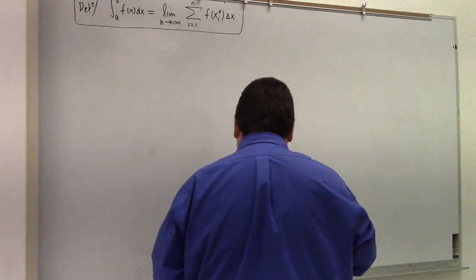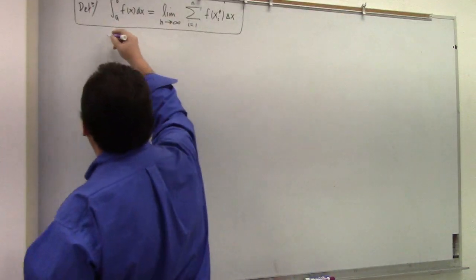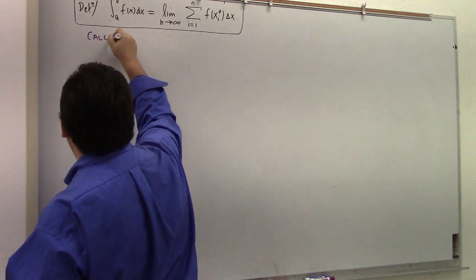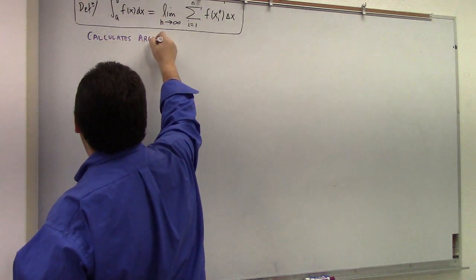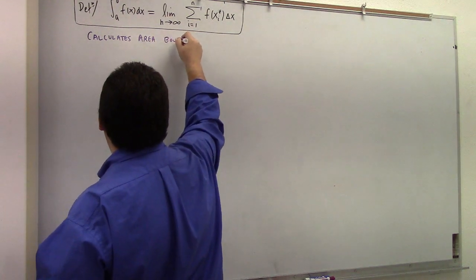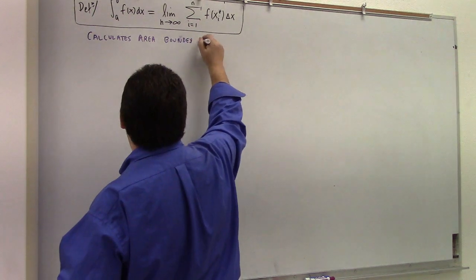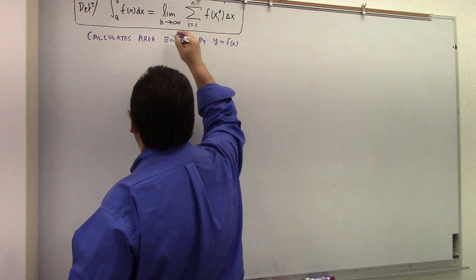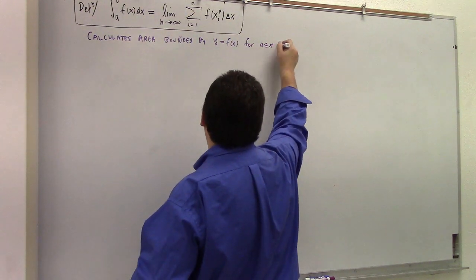And I indicated to you last time, and we calculated some specific numerical examples, that this calculates the area bounded by y equals f of x for a less than or equal to x less than or equal to b.